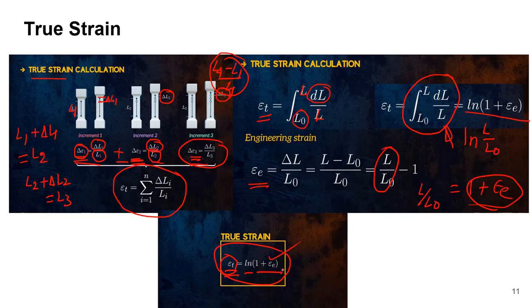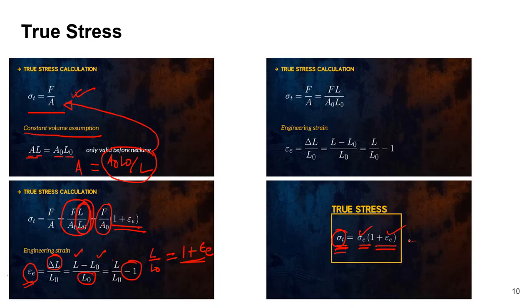Remember that epsilon t, the true strain, is less than the engineering strain. This is one of the things we can see, because log of 1 plus x is x minus something and so on. So true strain is less than engineering strain, whereas true stress is definitely more than engineering stress. That is clear from this, because this is a positive quantity.